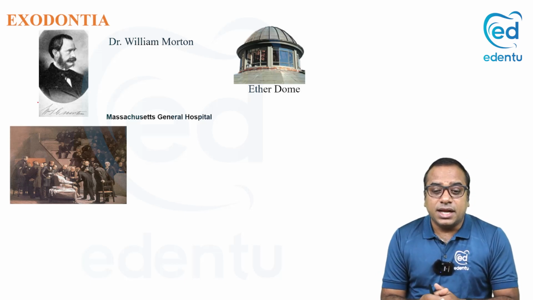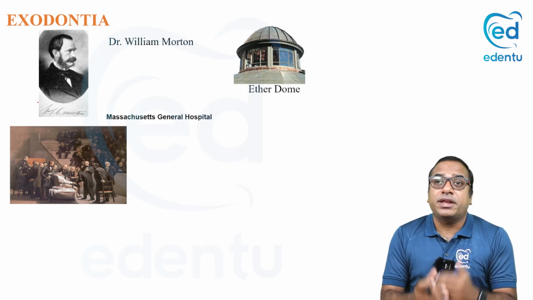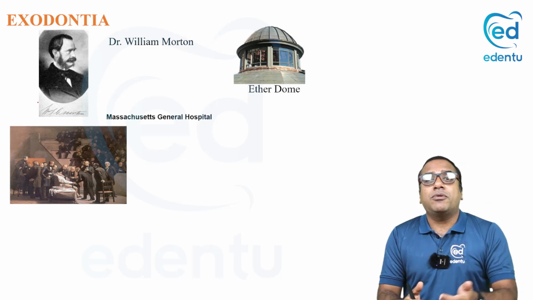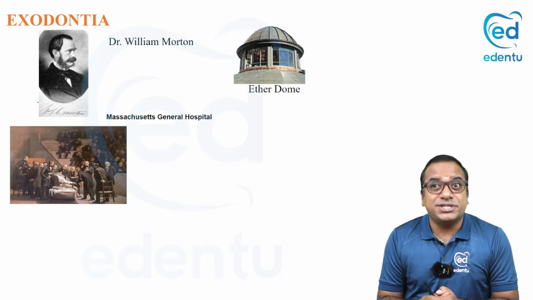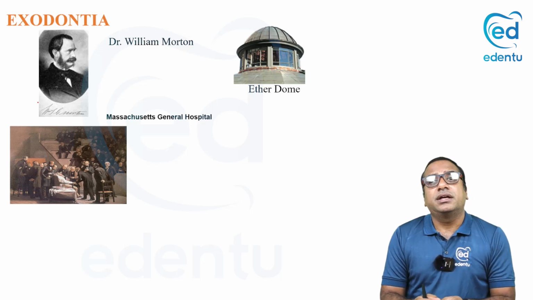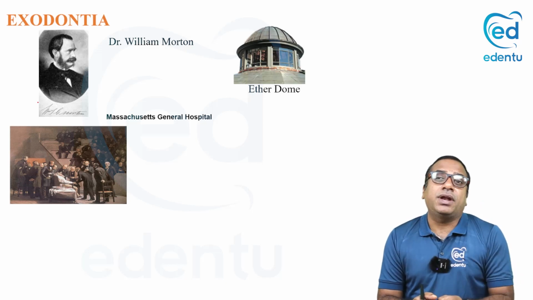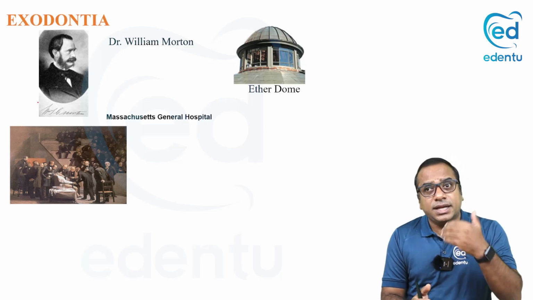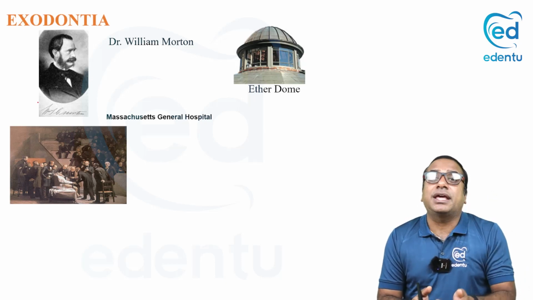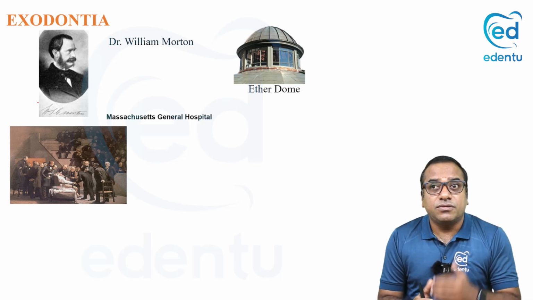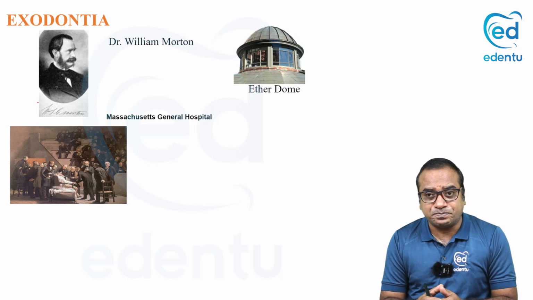And this was done in Massachusetts General Hospital, where he called everyone and he extracted his own teeth to demonstrate that yes, extraction is possible with the help of anesthesia. And after that demonstration, it went like wildfire, and many more dentists came forward, and then they started inventing different types of anesthesia, local anesthesia, that gave a boost for manufacturing companies also.